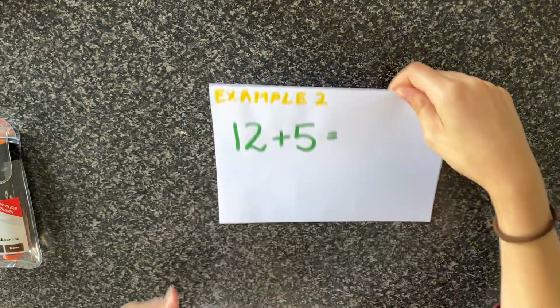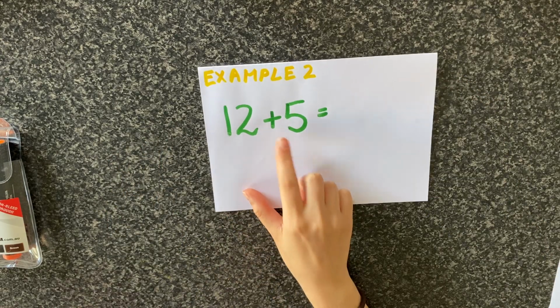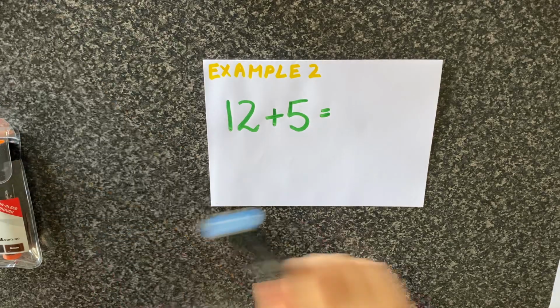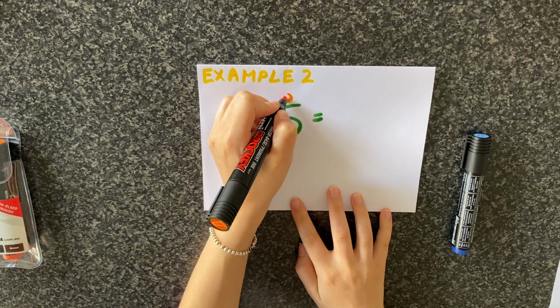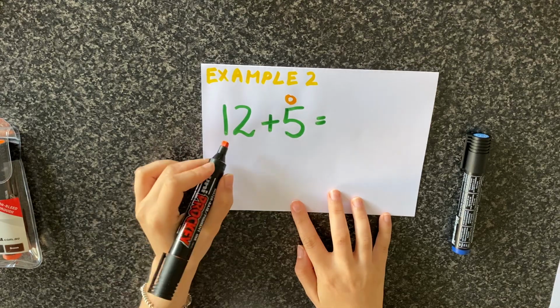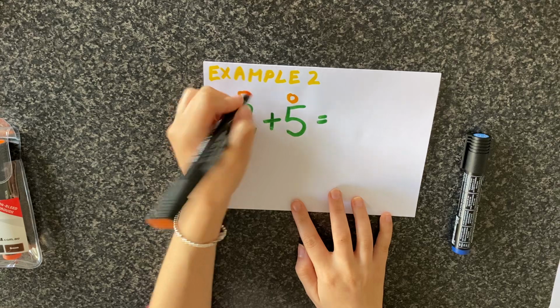All right, let's get a little bit harder. The next one is 12 plus 5. We're going to do the same thing, but we're going to label our columns. I know the 5 is my ones, and in 12, the 2 is also my ones.